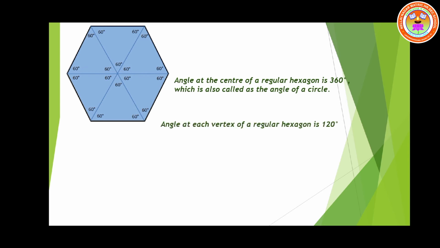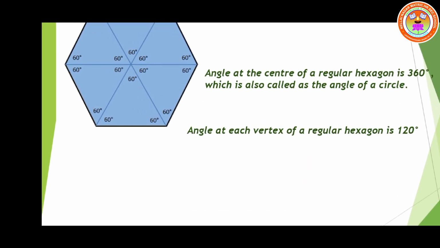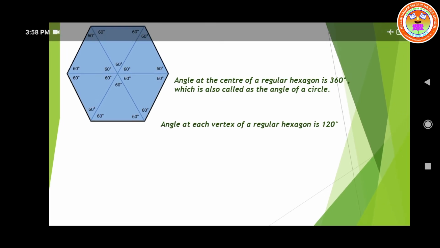Angle at each vertex of a regular hexagon. To find the angle at each vertex, for each vertex there are 2 angles.